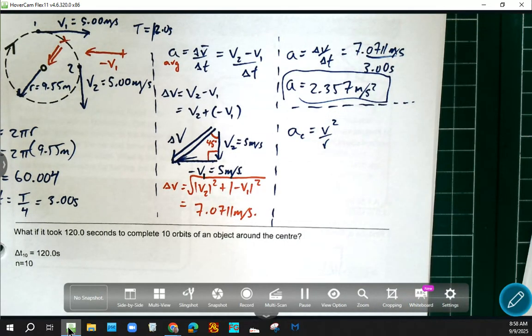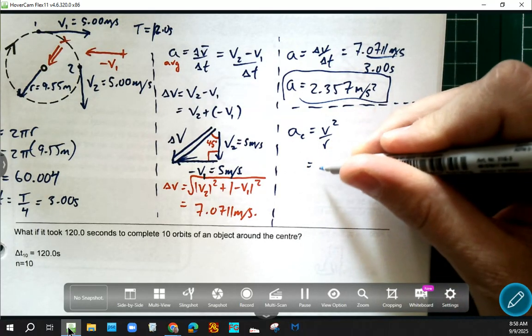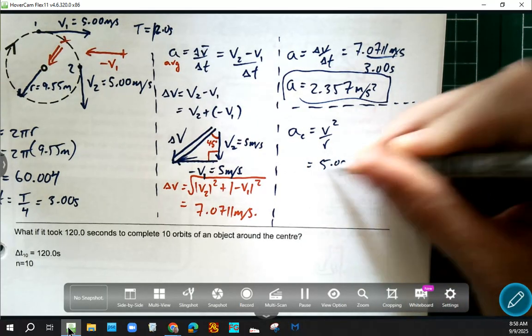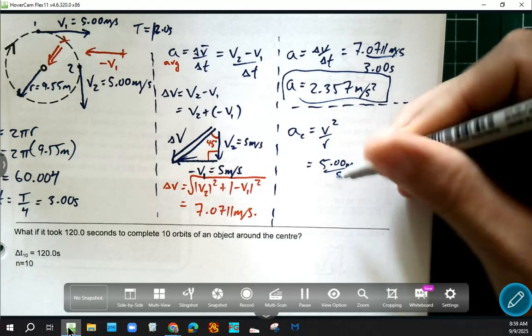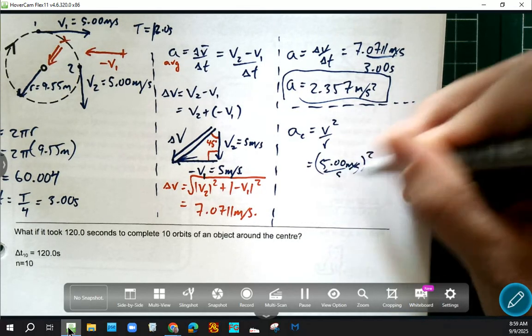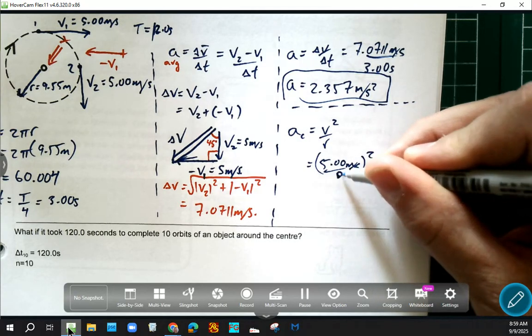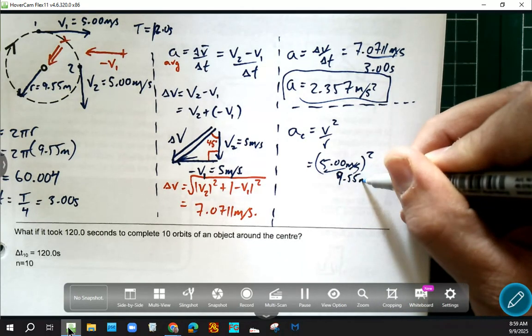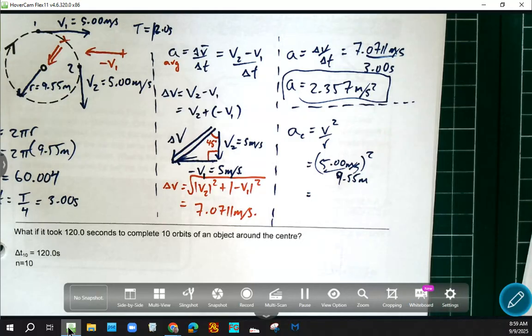What I want to do is just plug in the instantaneous velocity, 5.00 meters per second, into this equation, squared, divided by the radius, which was our 9.55 meters. And can somebody help me out with this one? Don't worry if it's not the same as the previous one. What's the answer we get using this formula? Yep. 2.617.